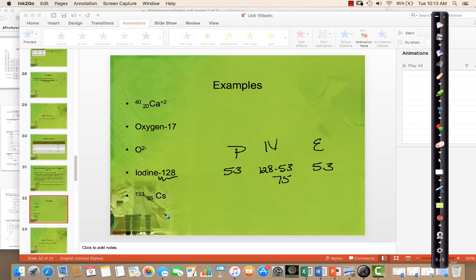All right, so let's look at the next one. Again, you should try this one on your own. We have a top number of 133 and bottom of 55. Cesium, so it gives us the atomic number and the mass here. So the number of protons would just be 55. Neutrons, well, 133 is the mass, minus 55.